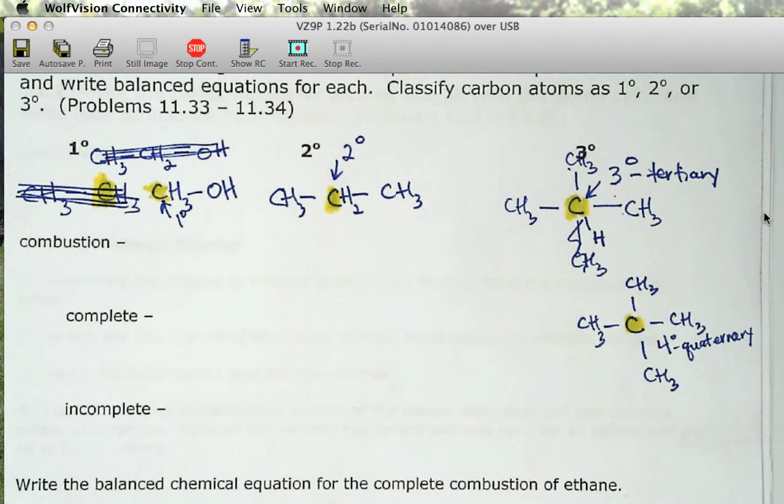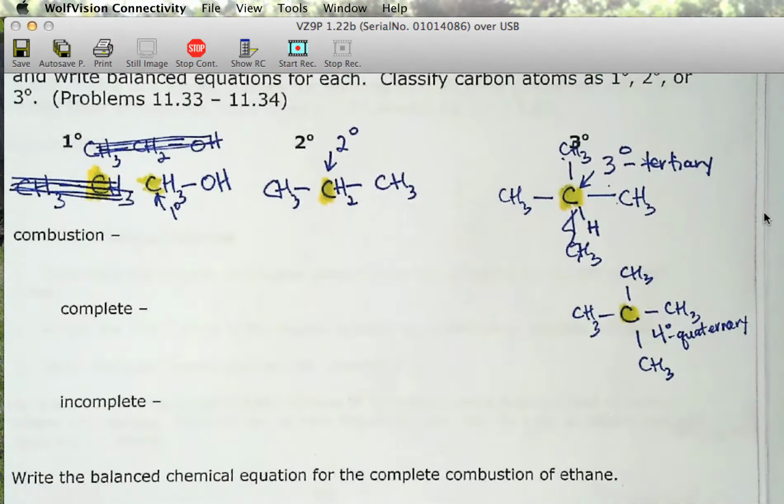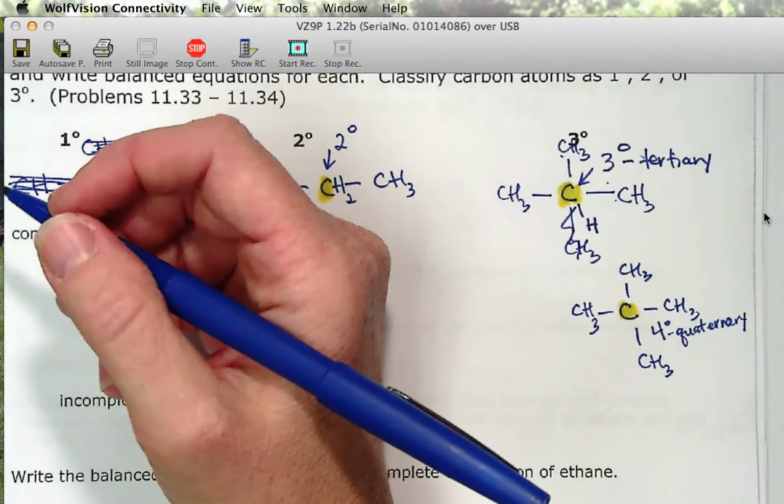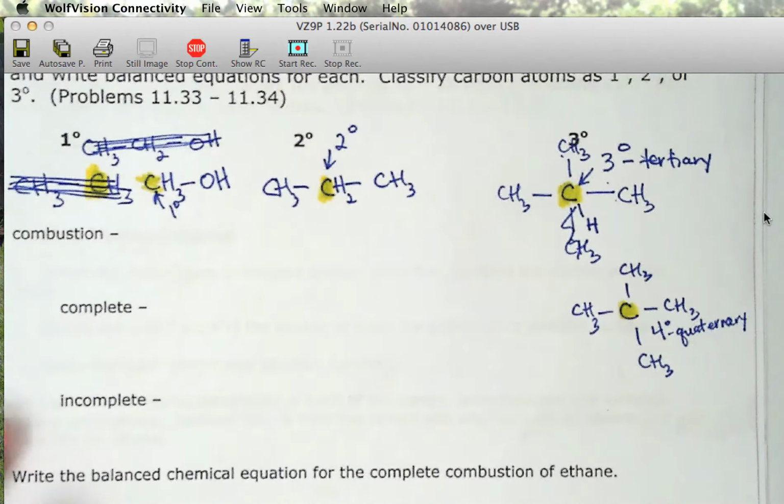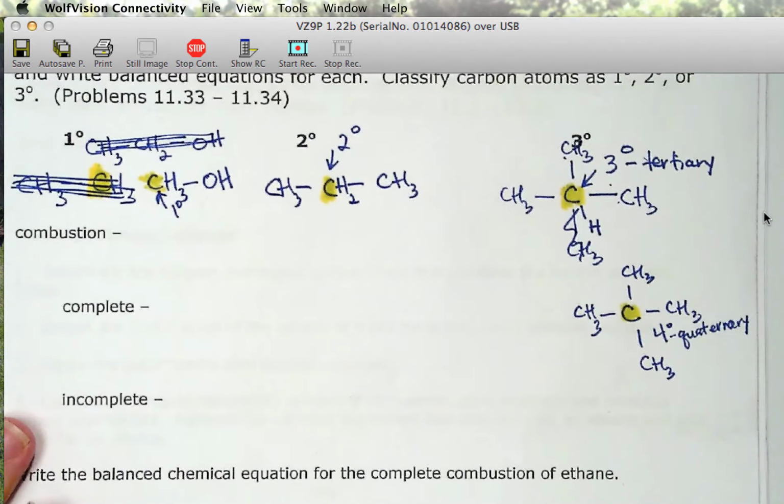Okay, combustion reactions. This is what we saw in experiment 10. A combustion reaction, we are around these every day, your combustion engine in your car.